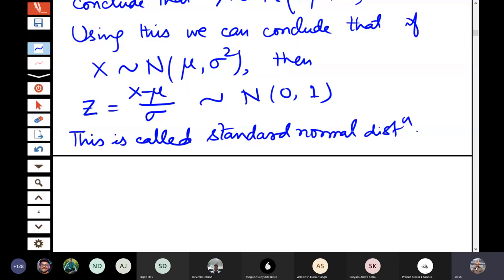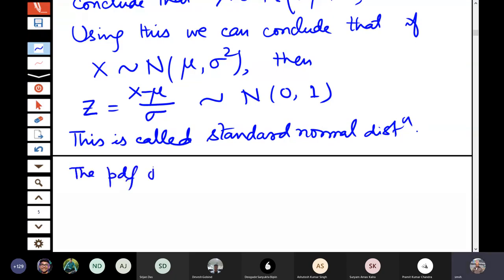So let us look at more of the properties of a normal distribution. So what will be the probability density function of Z?